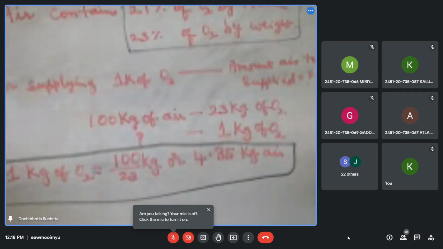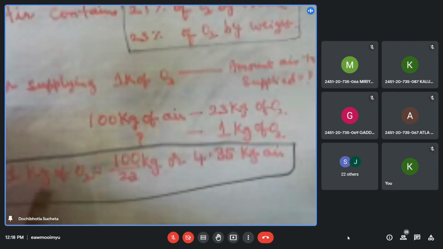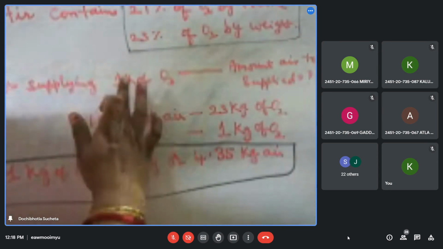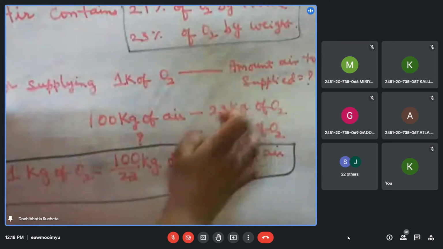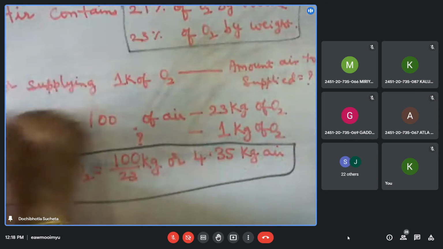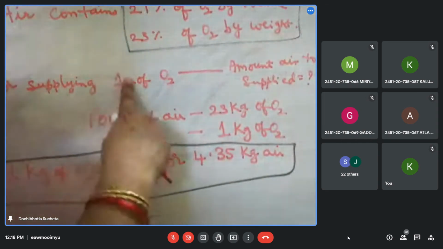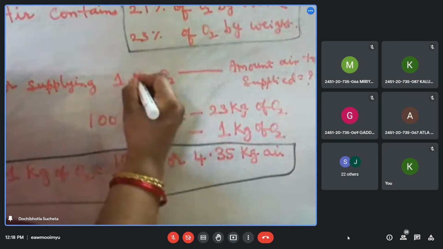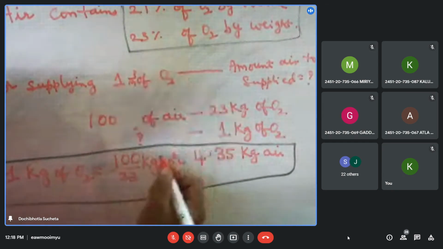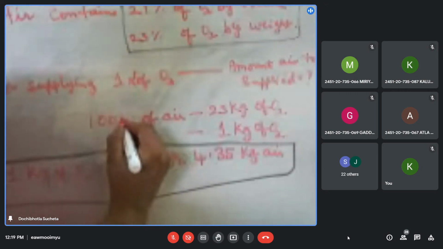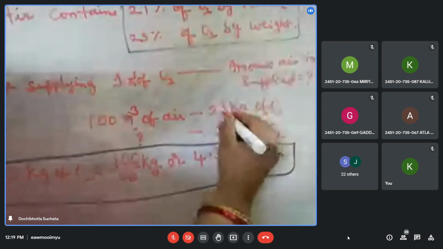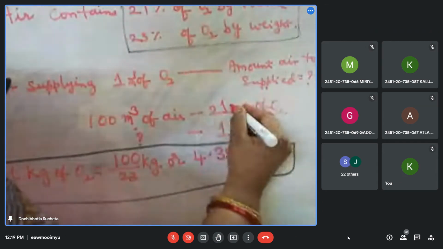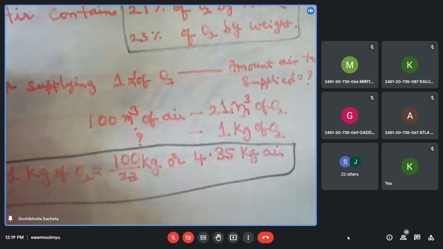Okay. Next. For supplying 1 meter cube of oxygen. For 1 kg of oxygen, by weight it is 23. So if I want to supply 1 meter cube of O2, how much amount of air is required? I know that 100 meter cubes of air contains 21% of O2 by volume, so 21 meter cube of O2 is there.